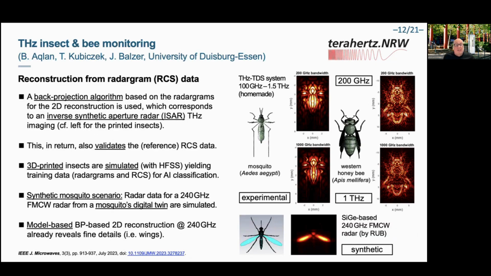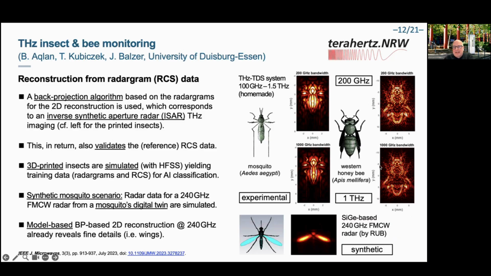Looking at the reconstruction from radargrams, the group of Jan Balzer has used a back projection algorithm based on this type of radargrams for the 2D reconstruction, and this procedure actually corresponds to inverse synthetic aperture radar imaging at these terahertz frequencies. What we see here on the right-hand side in the figure are the reconstructed shapes of the mock-ups.